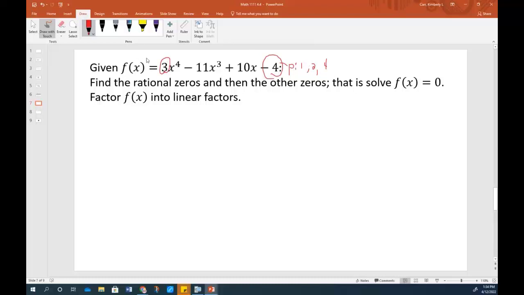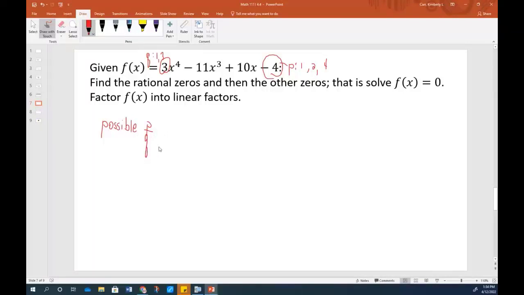Then we look at our leading coefficient to deal with possible numbers for Q. So Q is either 1 or 3. Then we're going to make a possible root list. Now this is a possible rational root list, and it comes from P over Q.